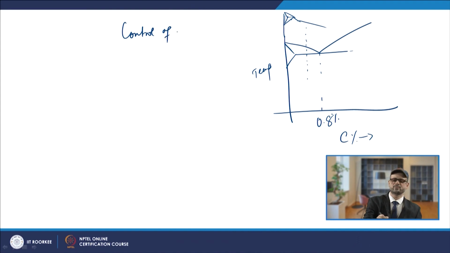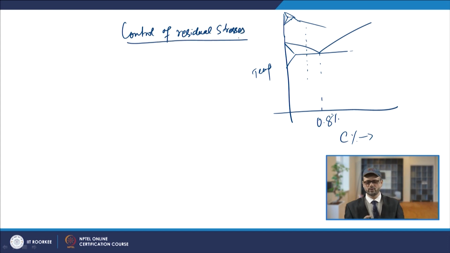So we must have a way to control these residual stresses, and there are many precautions you have to take. For controlling the residual stresses, there are different points. First, you must have an appropriate type of design.